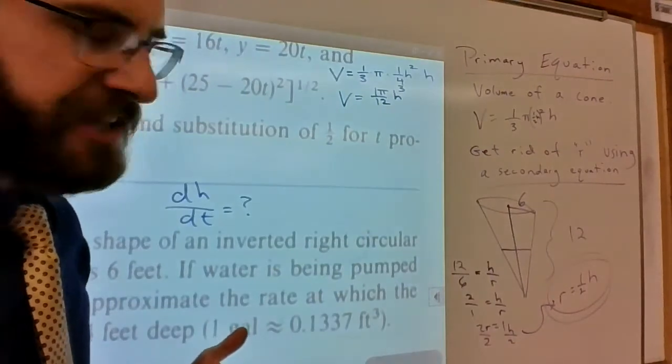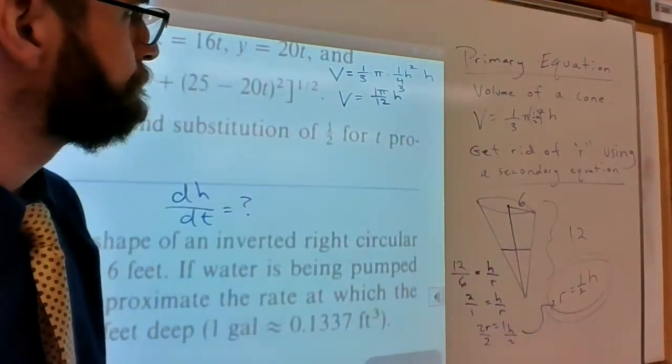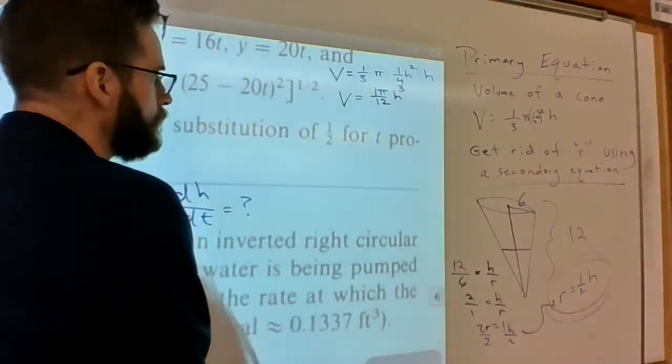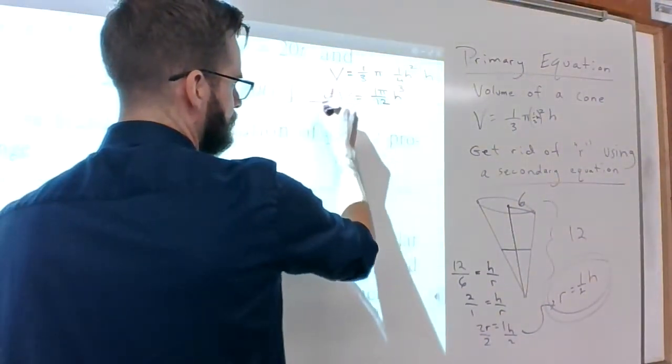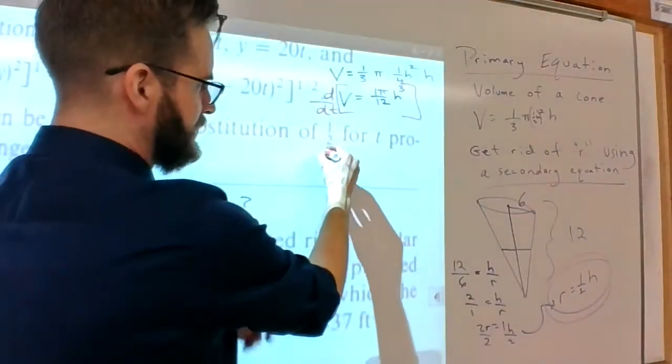So now what I have to do is take the derivative with respect to time of both sides of the equation. So this is going to be dV/dt.